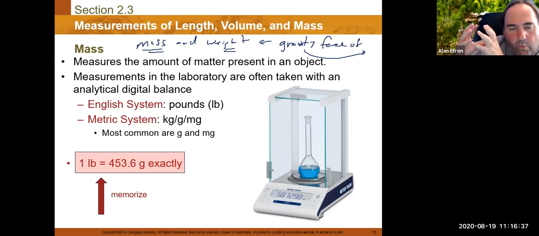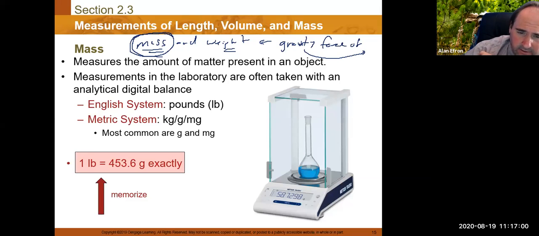If we take the mass of an object here and the mass of an object on the moon, they will have the same mass. If we take the weight of an object here and the weight of an object on the moon, it will have a different weight because there's a different force of gravity associated with it. In chemistry and most sciences, we call this process mass.